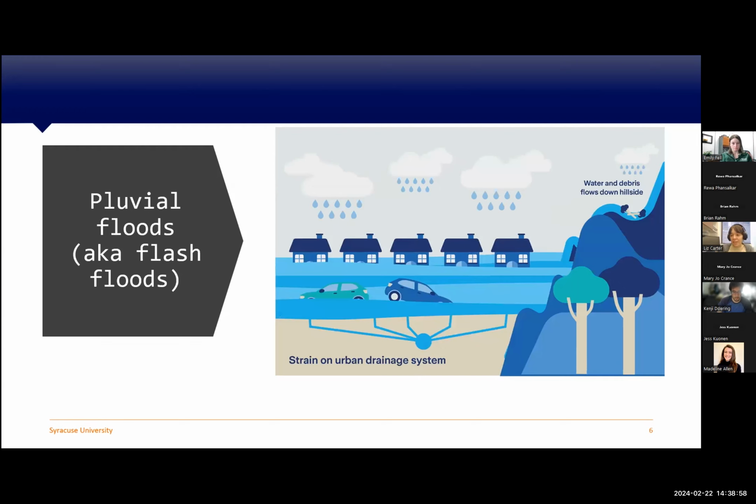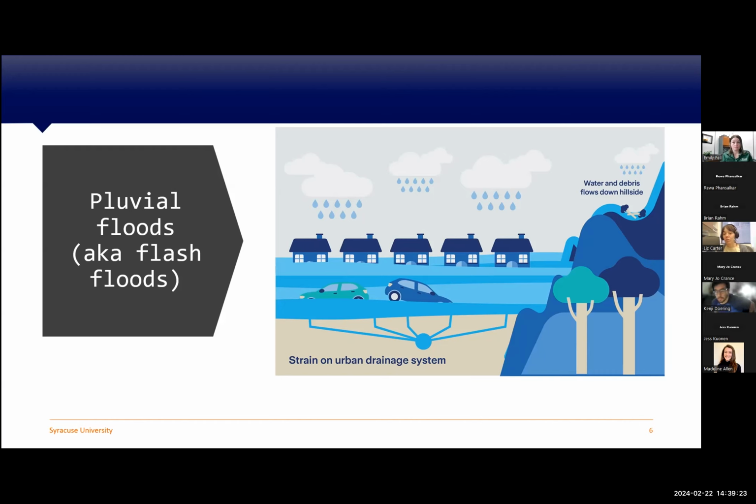Okay, and then the last kind of flooding is pluvial flooding. So pluvial floods occur anytime local rainfall intensity exceeds the ability of the ground or engineered infrastructure to drain it away. So pluvial floods are associated with things like ponding, away from a water body.